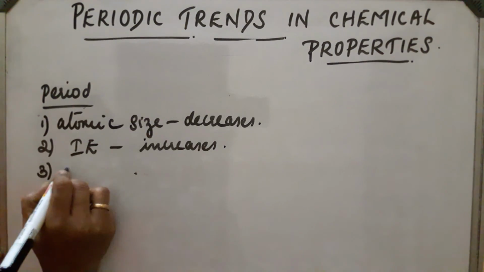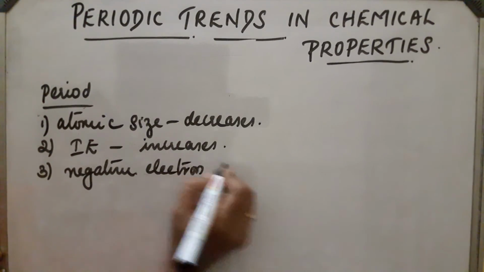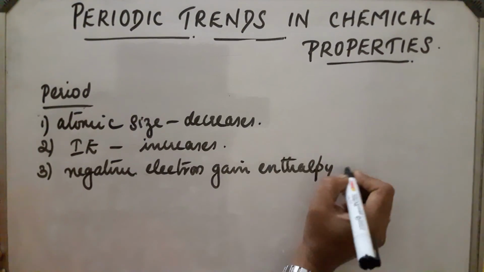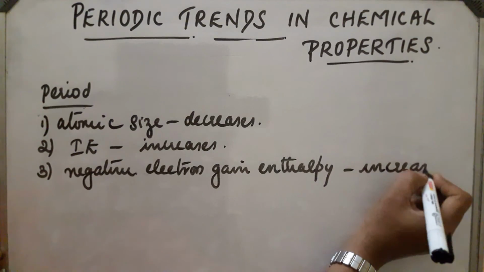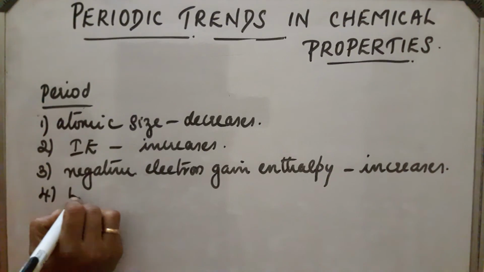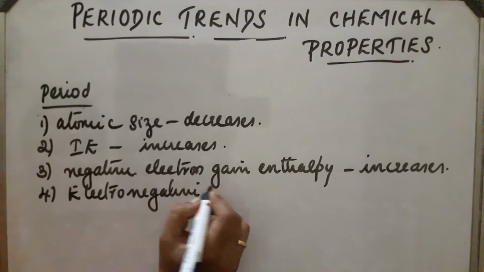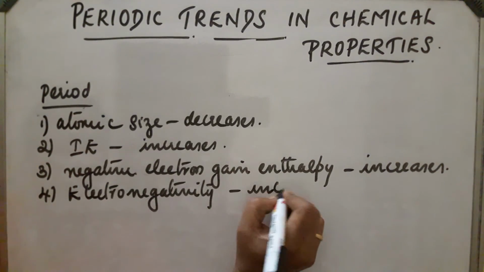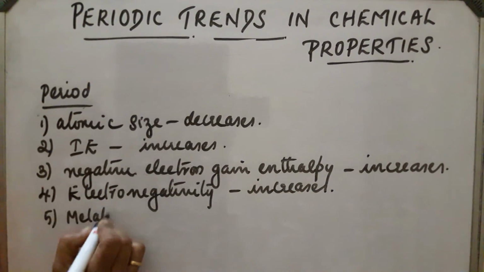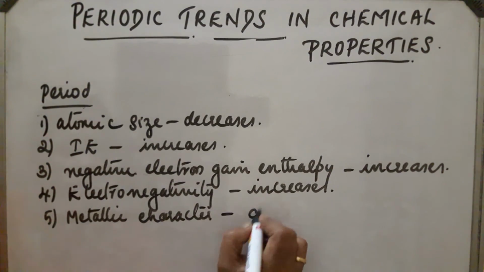Then the third one, negative electron gain enthalpy increases. Electronegativity also increases from left to right. Next, metallic character decreases from left to right, or non-metallic character increases from left to right.